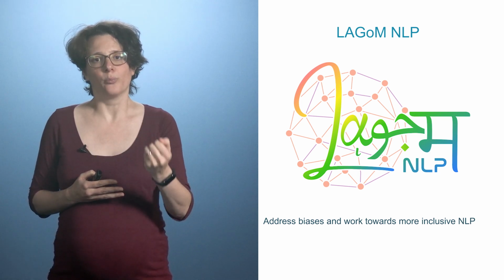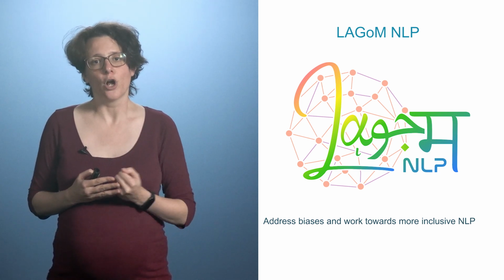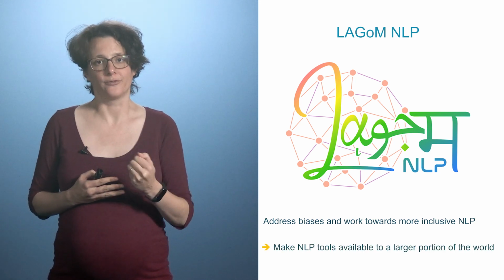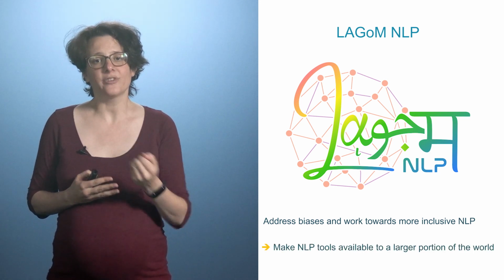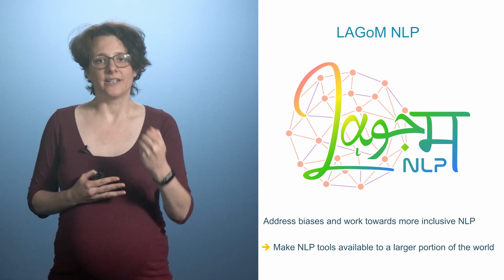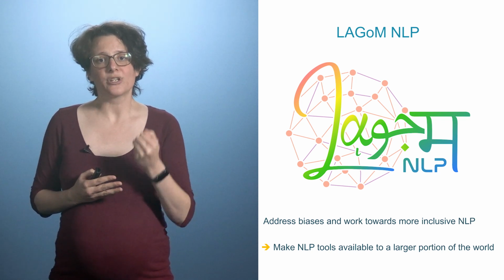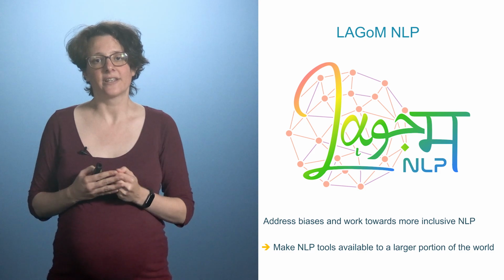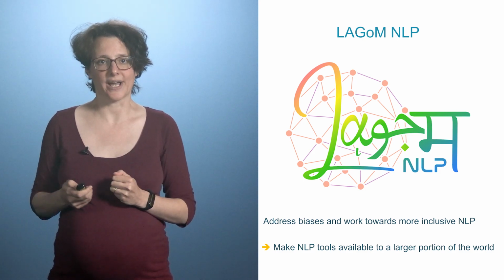We want to make NLP tools available to a larger portion of the world. And we do this by addressing these two types of biases. And in the remainder of this video, I will present some work that addresses each of these types of bias.